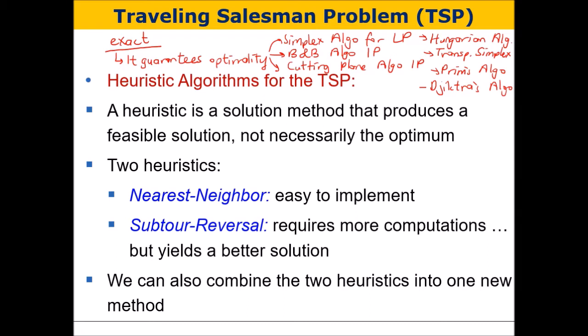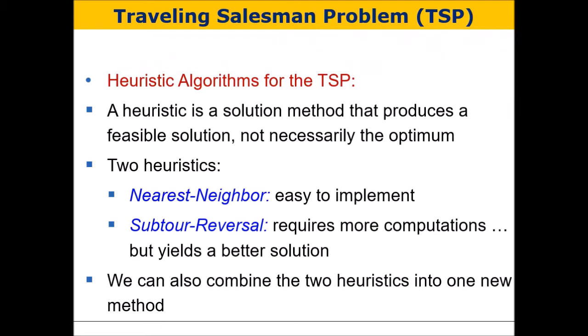They guarantee optimality. But on the other hand, there are some algorithms which provide feasible solutions to optimization problems, and they provide, in quotation marks, good solutions, but they do not guarantee optimality.